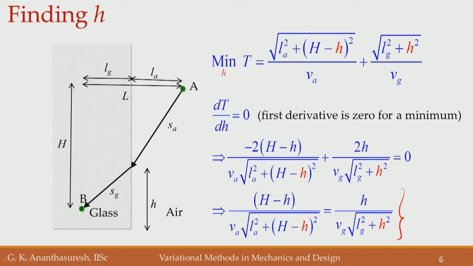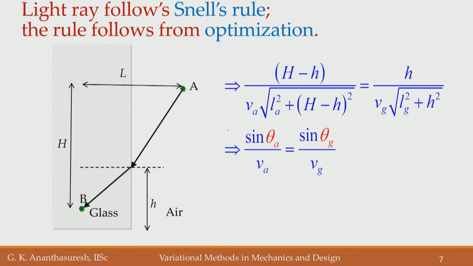We have the equation, we can solve for h, but instead let us look at what is in here, which is the condition that we got in the last slide, that is dt by dh equal to 0 gave us this equation.